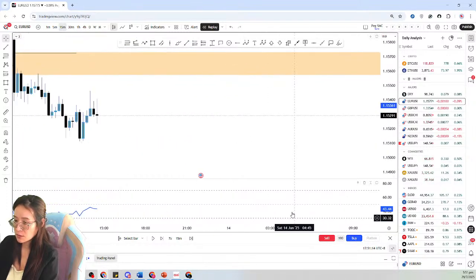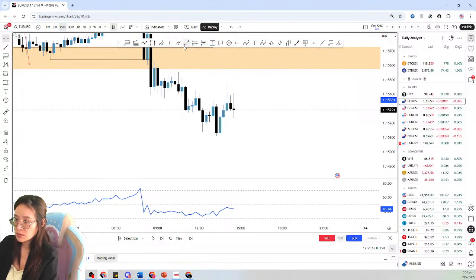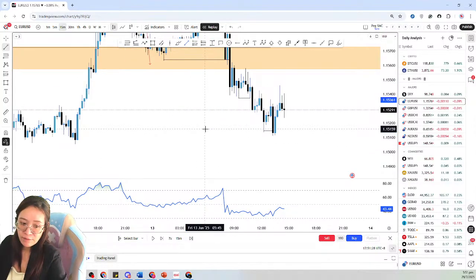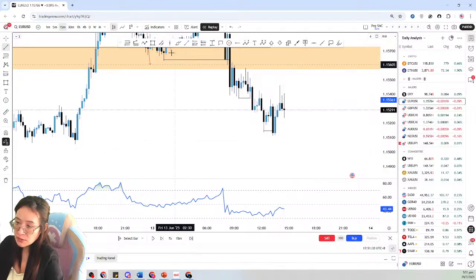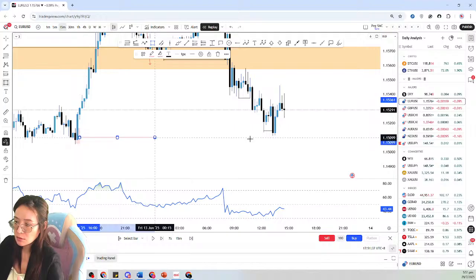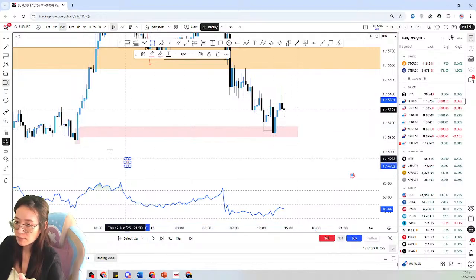M5, M15, they also make the break of structure. This is also a break of structure right here, M15. Okay, and look to the left. That's the reason why price bounced from this level, because on your left there was a bullish OB right here.